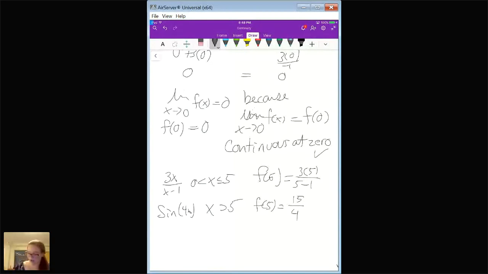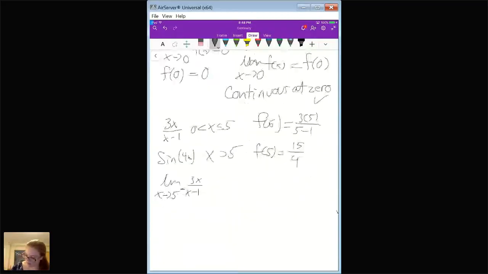Now we have to test our limits. The limit as x approaches 5 from the left is going to be from 3x over x minus 1, and the limit as x approaches 5 from the right is going to be coming from sine of 4x.